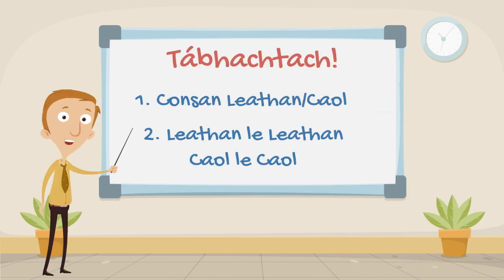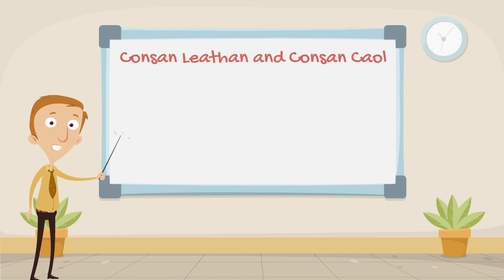Before we dive into the tenses, there are two very important grammar concepts that need to be crystal clear in your mind. So here's a little refresher for you. First up is the Consan Leathan and Consan Caol rule. In Irish, a word either has a broad consonant, Consan Leathan, or a slender consonant, Consan Caol.